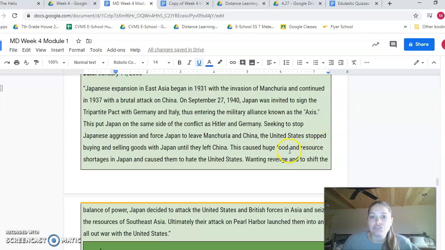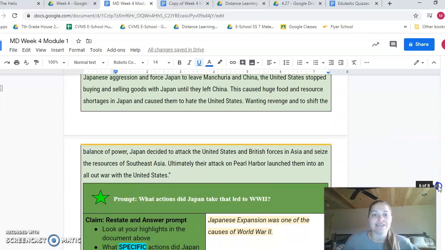This caused huge food and resource shortages in Japan and caused them to hate the United States. Wanting revenge and to shift the balance of power, Japan decided to attack the United States and British forces in Asia and seize the resources of Southeast Asia. Ultimately, their attack on Pearl Harbor launched them into an all-out war with the United States.